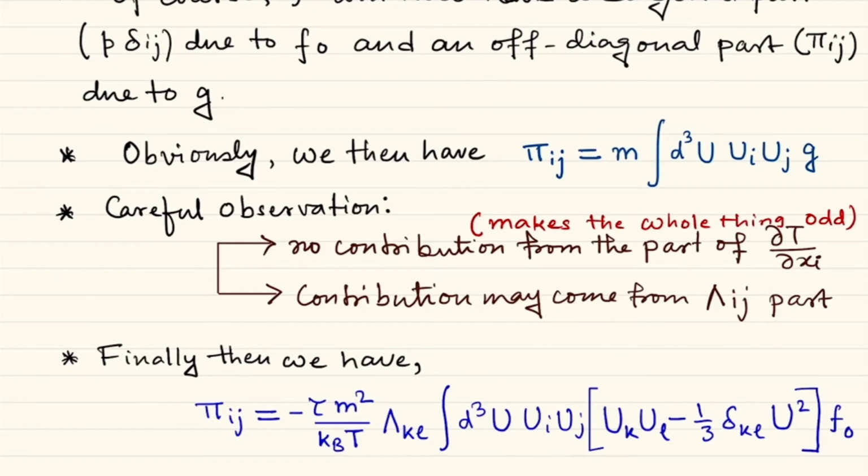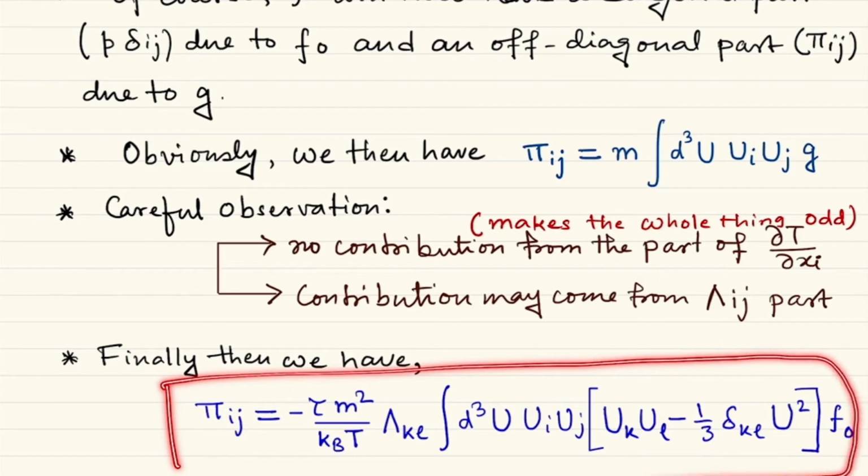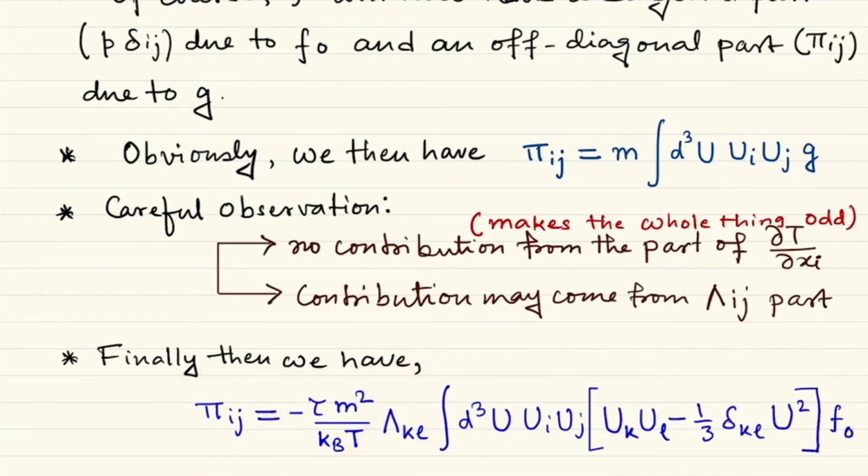If you finally write the expression explicitly, pi ij is equal to minus tau m squared by kB T times lambda kl times integration d^3u ui uj within bracket uk ul minus 1/3 delta kl u squared times f0. That is the most general way you have to write.